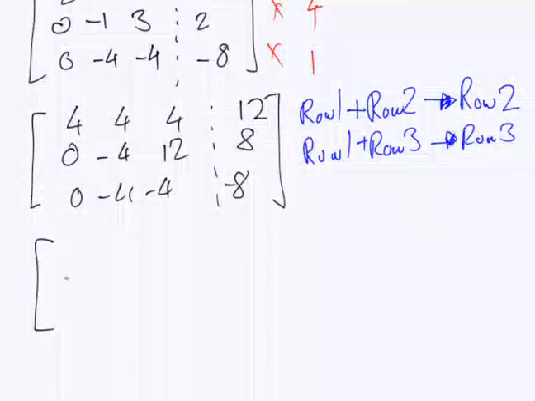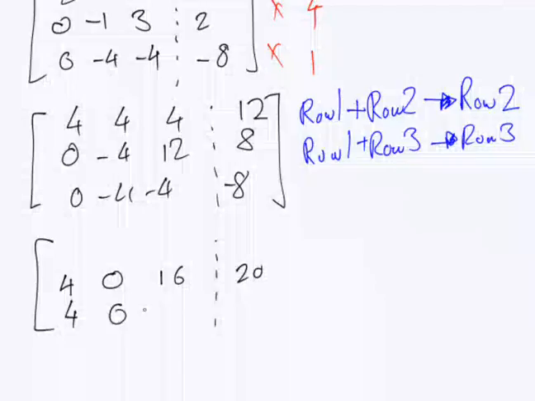Okay. Now we'll add them again, but this time what I'll do is I'll do row 1 minus row 2, but I'll put the answer on row 1.